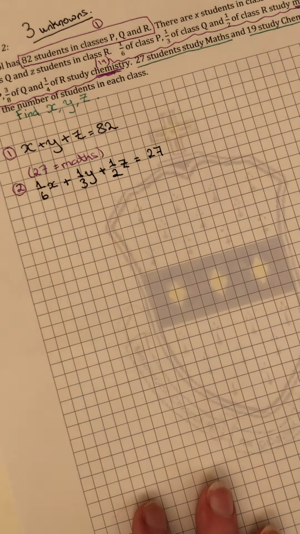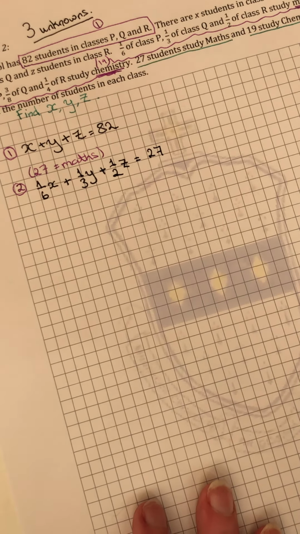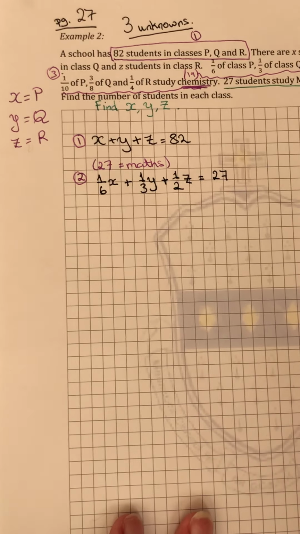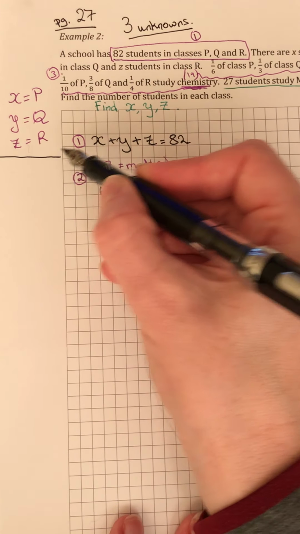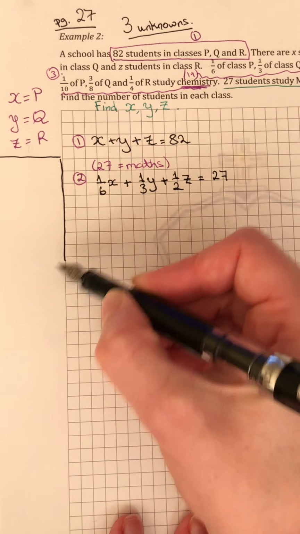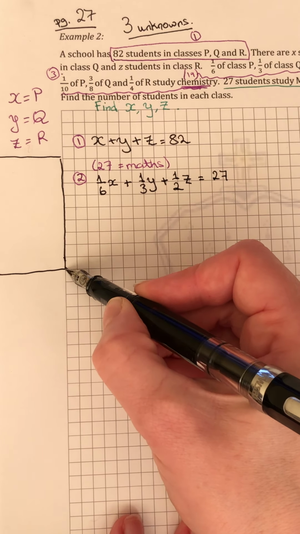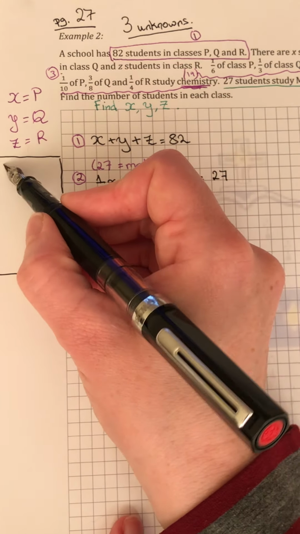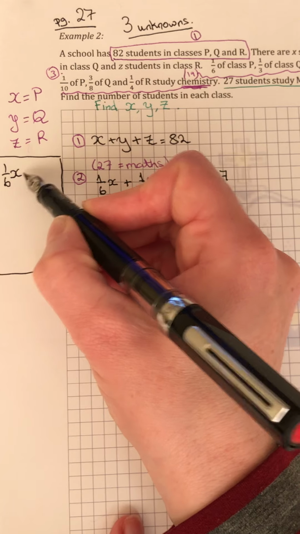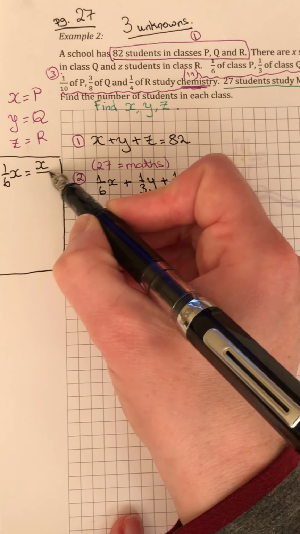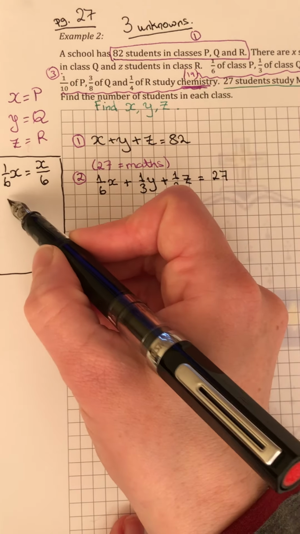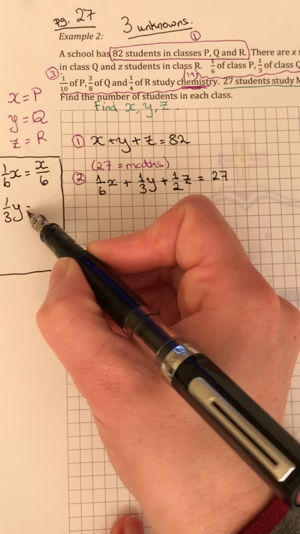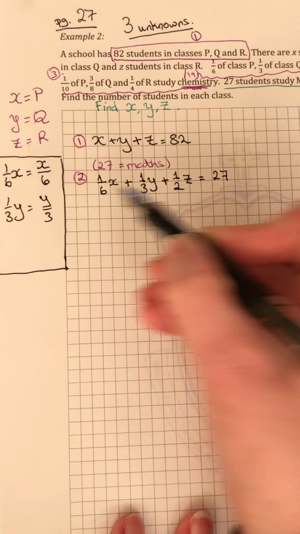Now there's a couple of things here. I want to remind you that we don't have to write our fractions next to the letters like that. If you want to keep them next to them, you can. But a sixth of x is the same as x over 6. A third of y is the same as y over 3.